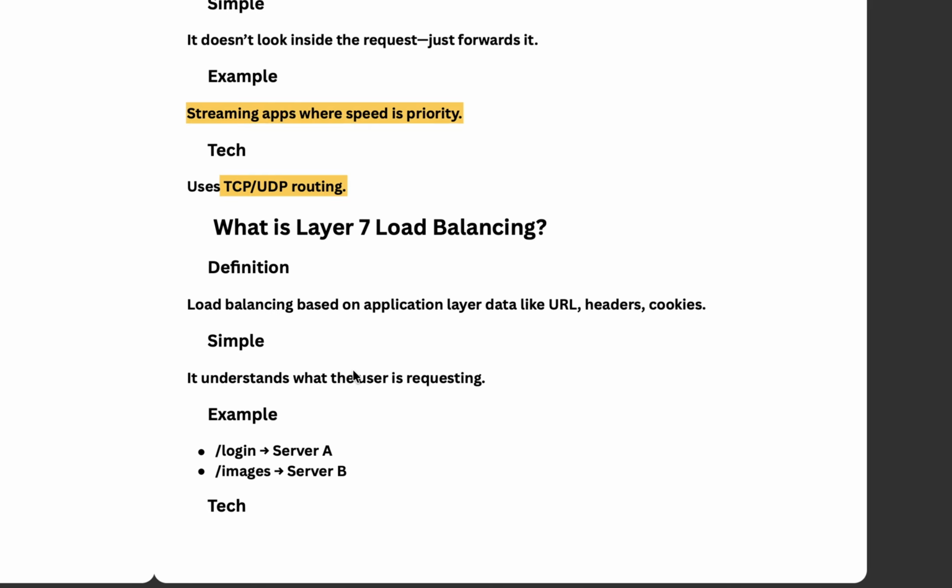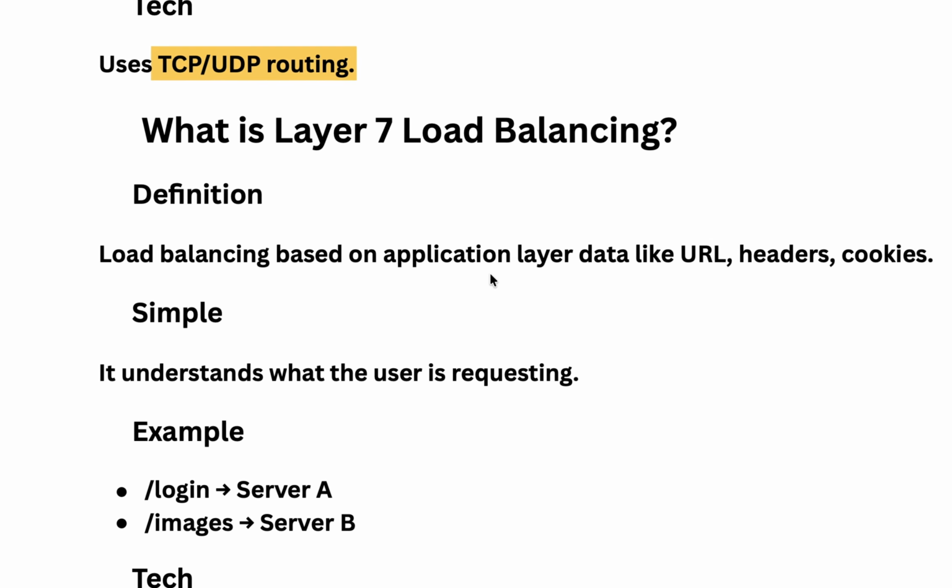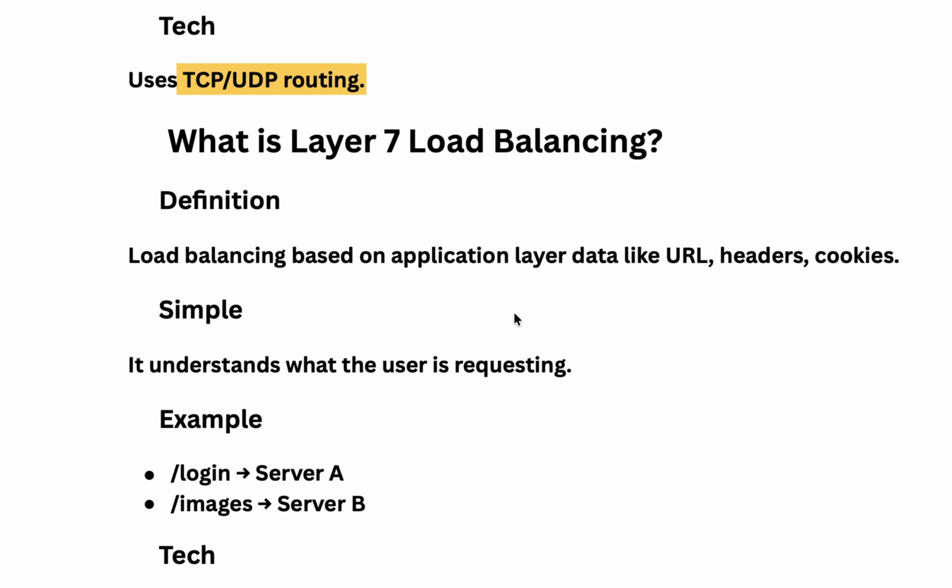Now, what is layer 7 load balancing? Load balancing based on application layer data like URL, headers or cookies. Simple thing is that it understands what the user is requesting. It goes inside the request, like the structure of the request, and where the request is going to be delivered.